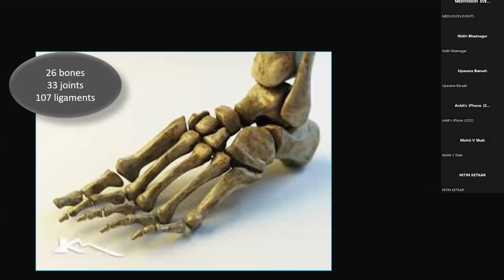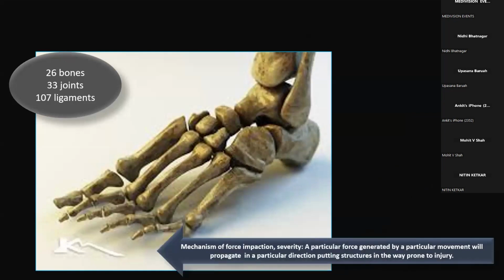So if an ankle injury comes to you, where will we put the probe, because it contains 26 bones, 33 joints, and 107 ligaments. We must understand the mechanism of the injury.